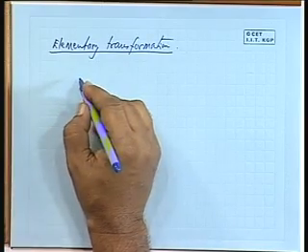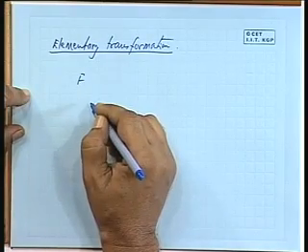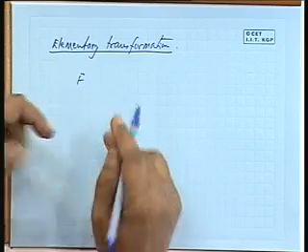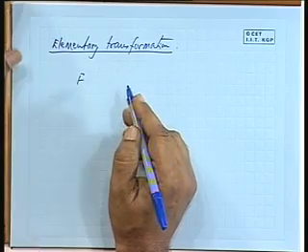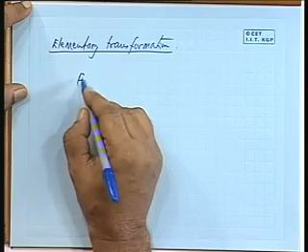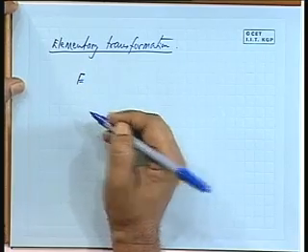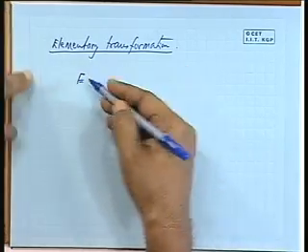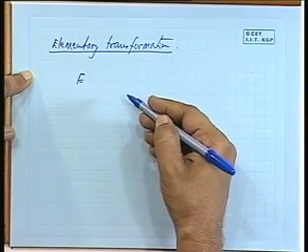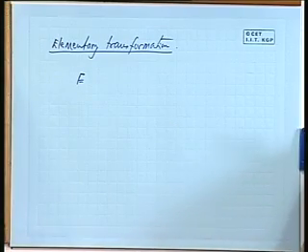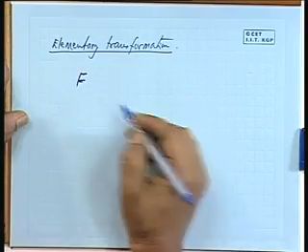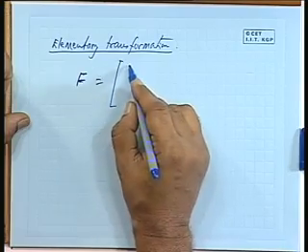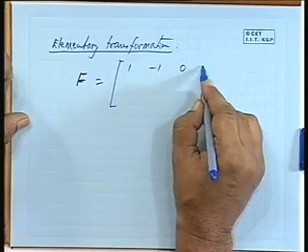Suppose you are having any matrix F. Elements of the matrix F. Suppose F is any matrix 1, -1, 0, 1 and so on.